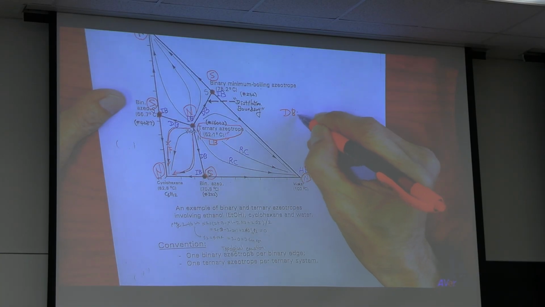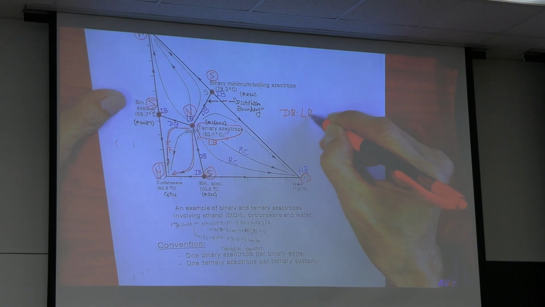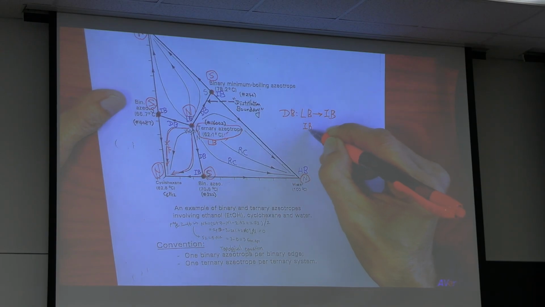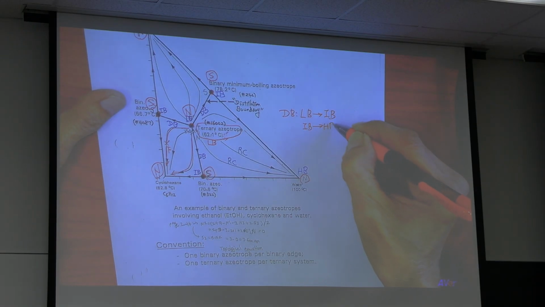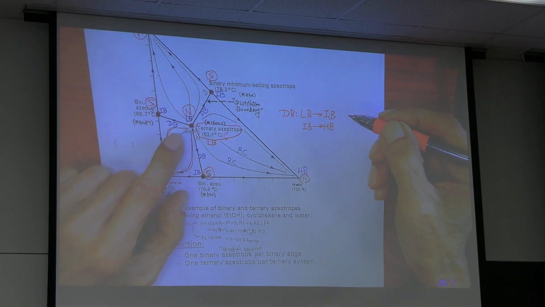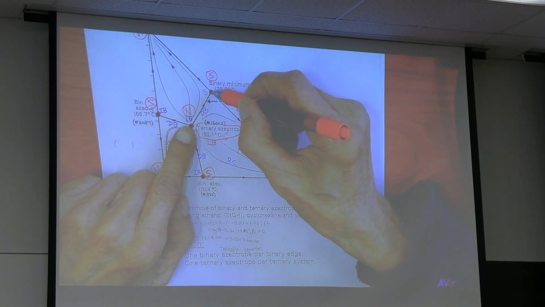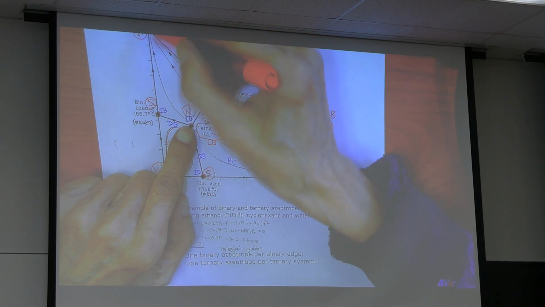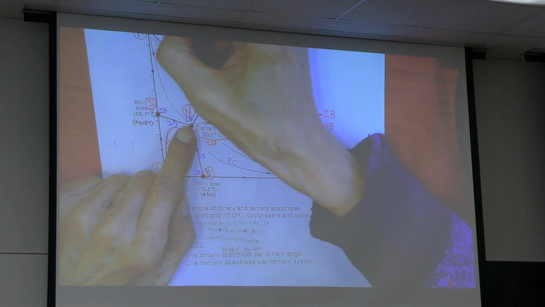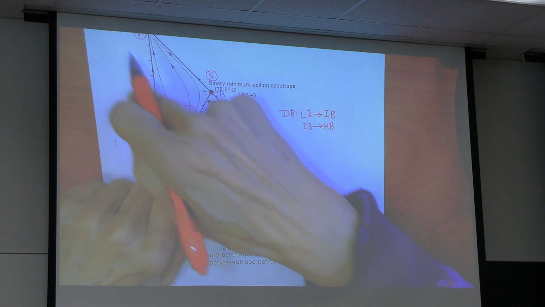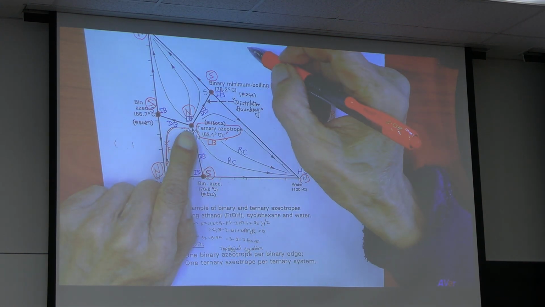DB always goes low boiling to intermediate boiling, or intermediate boiling to high boiling. 62.1 in this region, 78.2, 78.5, 68.7. I can call this high boiling component 1 in this region.